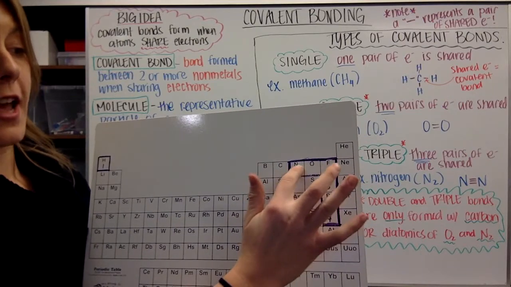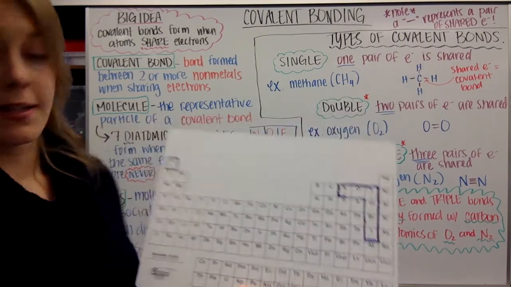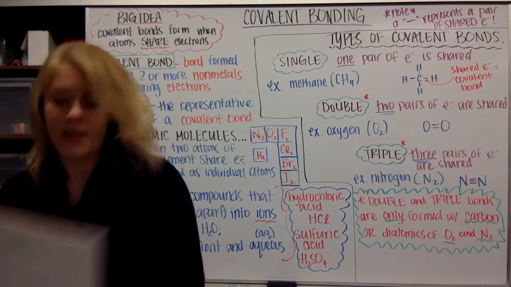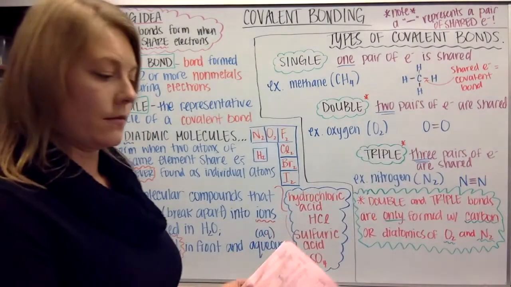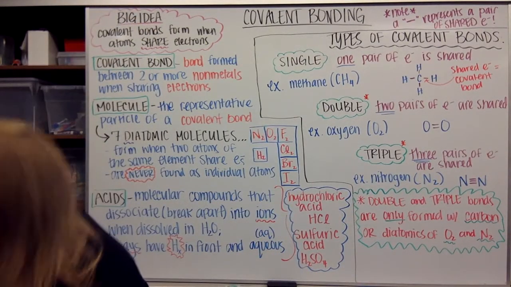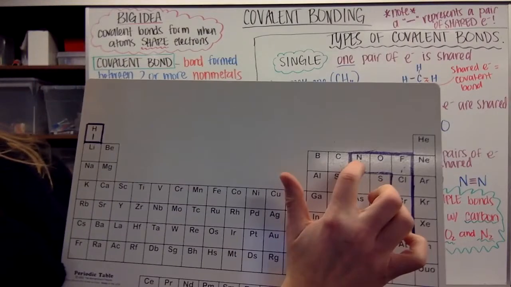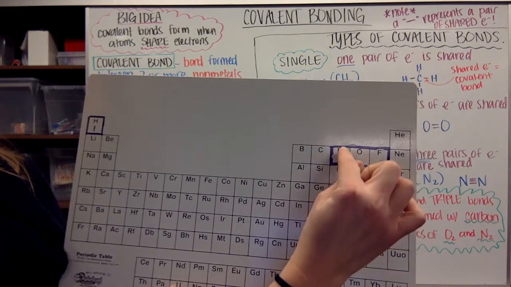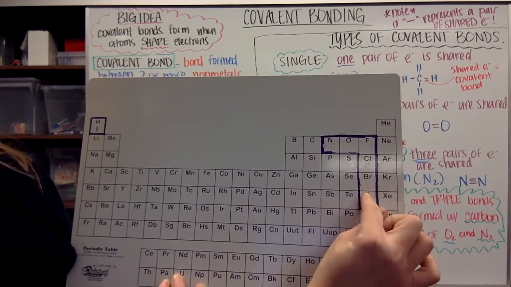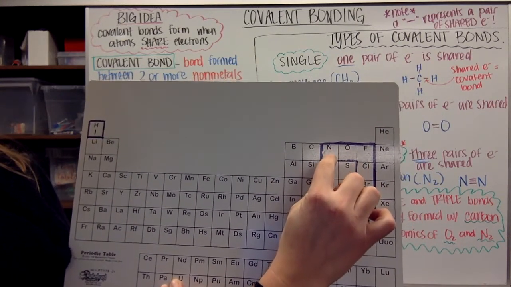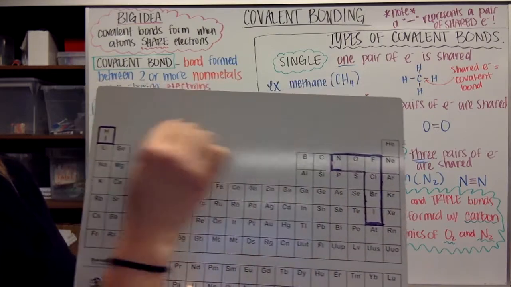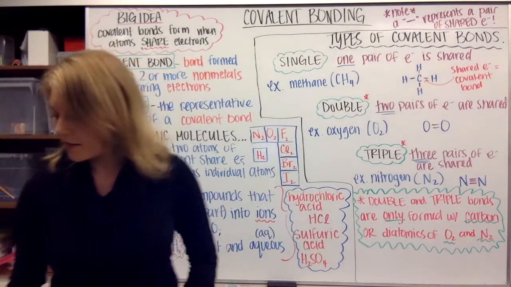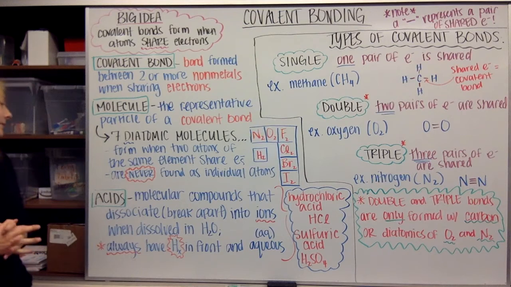On the periodic table, it starts with nitrogen, which is atomic number 7. So these form a 7 starting at atomic number 7, plus hydrogen. All right? So those are our diatomic molecules.